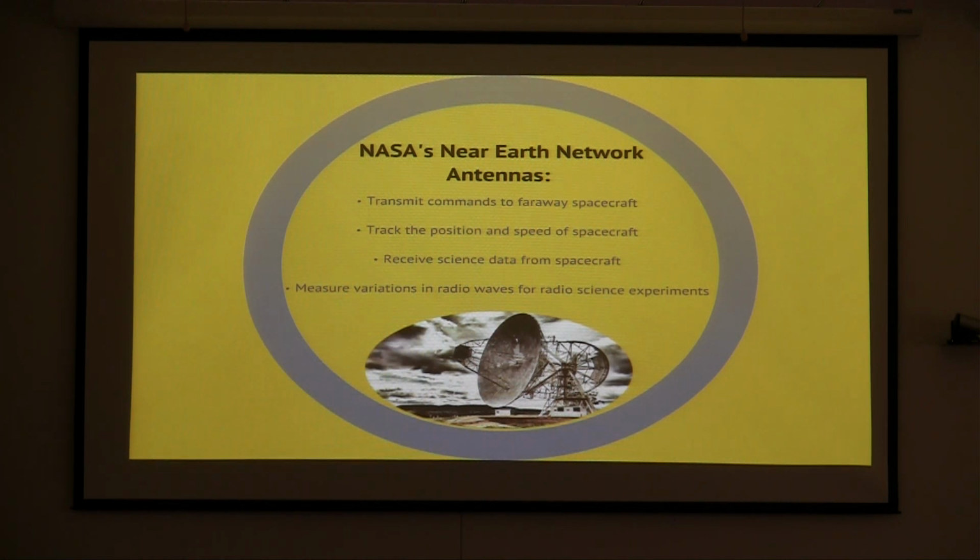They can receive the science data from the spacecraft, and they can also do what we call TT&C, tracking, telemetry, and command data, which is, in the simplest terms, health monitoring of a satellite. So it lets us know that the satellite's on the right orbit, it's on the right track, it's healthy, its batteries are charged, its data is being gathered, et cetera. So the Near-Earth Network antennas are pretty useful when it comes to space communications, and they're quite important to all of our satellites in space.